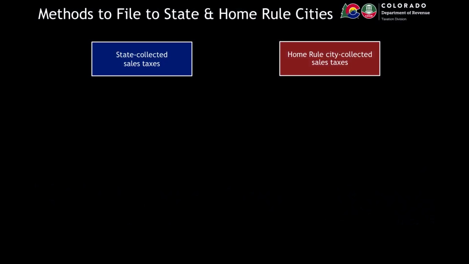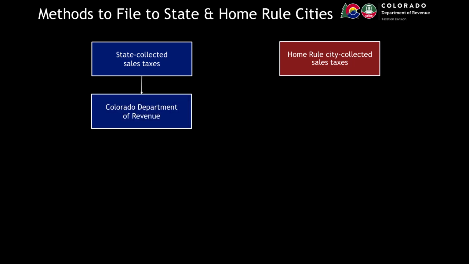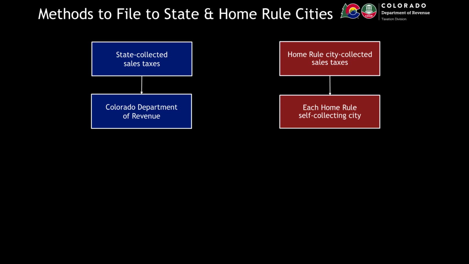Continuing our earlier example, let's look at ways the business can submit the 7.5% of sales taxes on sales into the City of Lakewood. State-collected sales taxes are filed and paid to the Colorado Department of Revenue. Self-collecting city sales taxes are filed and paid to each home rule self-collecting city.